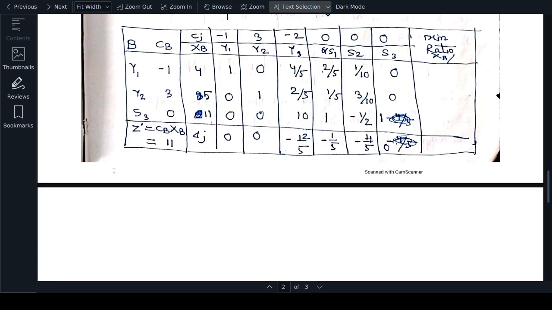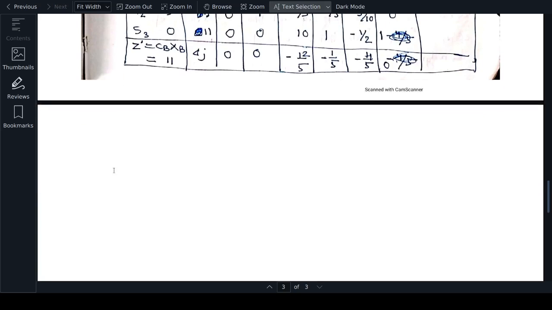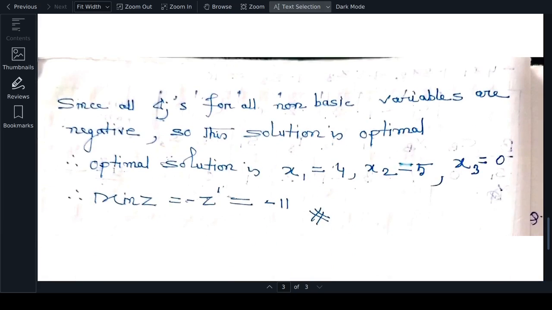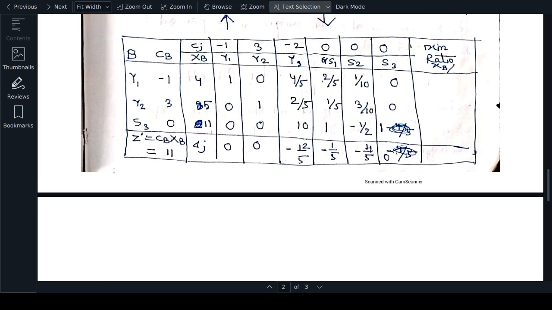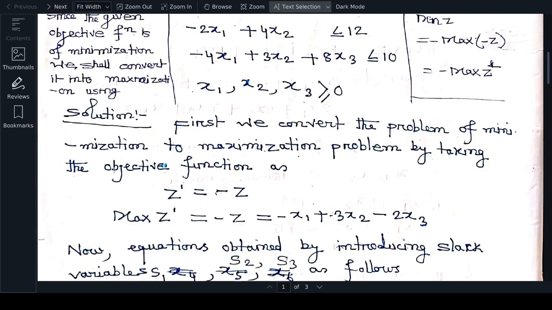And x3 is absent here, which means y3 is not present, so x3 is equal to 0.